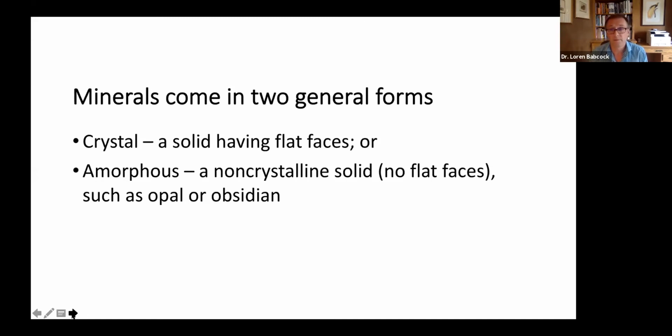And amorphous solids are ones that do not have flat faces. These would be things such as opal or volcanic glass, also known as obsidian. And let me switch over to the camera now and show you some examples of the two alternatives.